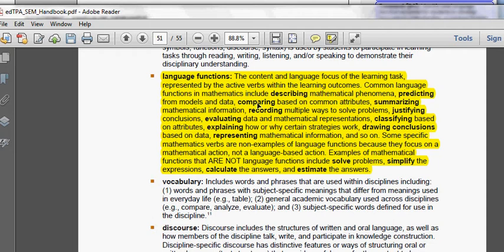If you are comparing two objects, you have to use math language in order to talk about them. If you're describing something, you have to, again, use math language, summarizing, recording, right? So all these language functions are math specific. You're still talking about something math, and it's going to be really represented by the active verbs within the learning outcome. So let's look at an example.